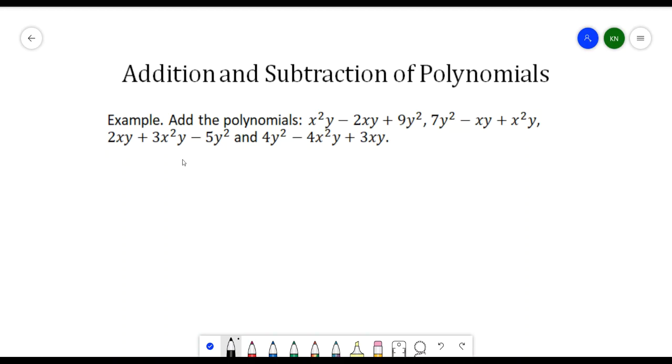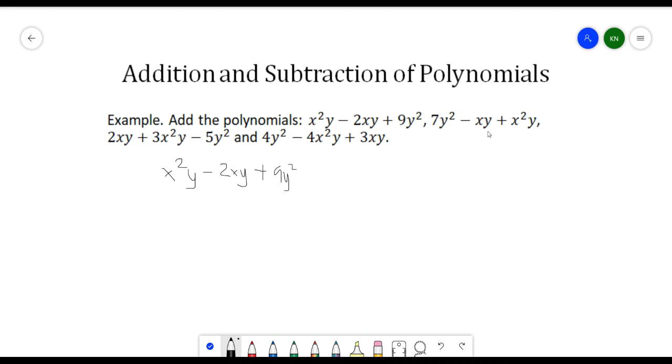So for the first one, we'll copy the format of how the first algebraic expression is written. So we have x squared y minus 2xy plus 9y squared.